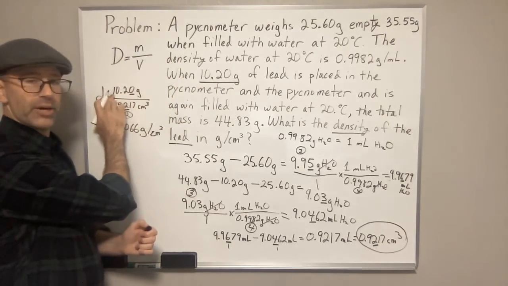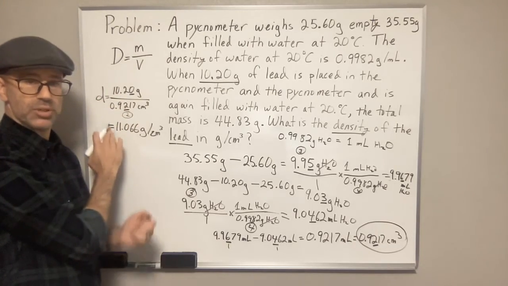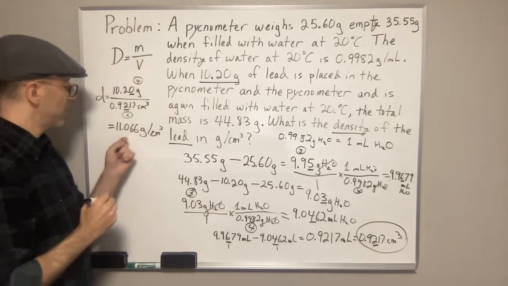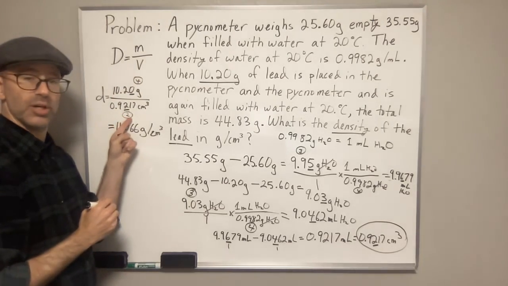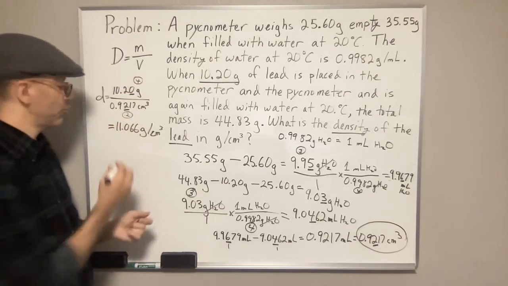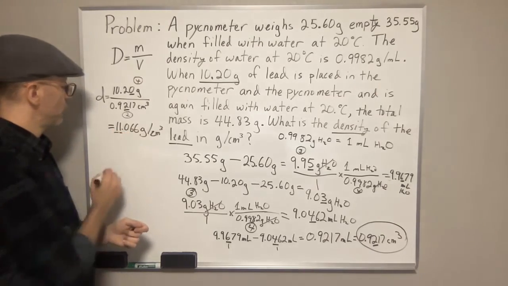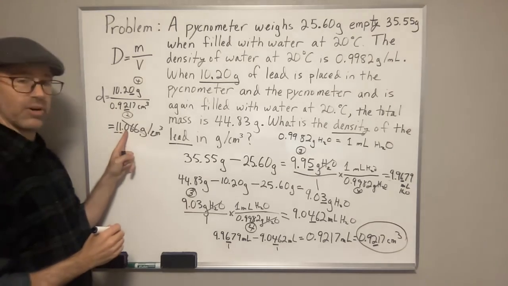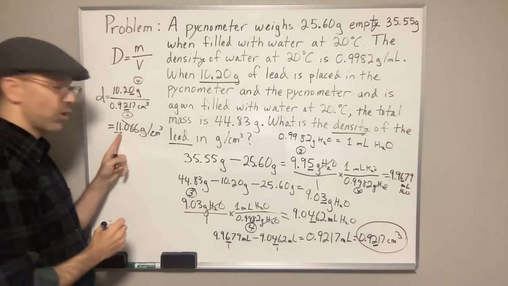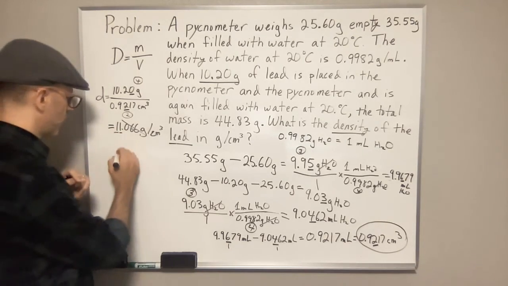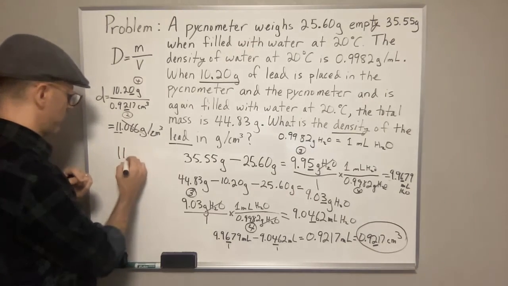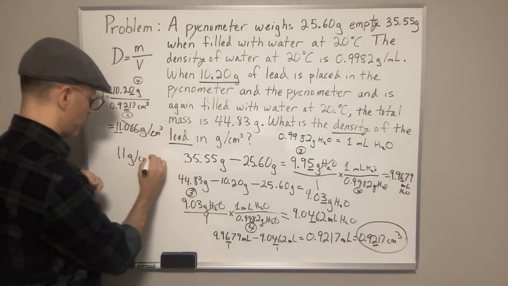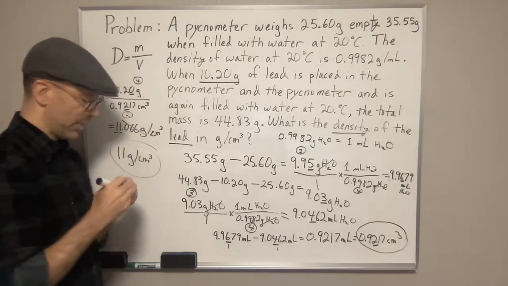The 0 here is between 2 non-zero numbers, so that's significant. So we have 4 significant figures here. The 2 is the least number, so we're only allowed 2. So 1, 1, and the rest gets cut off. We don't need to round the 1, so we're going to keep 11. So 11 grams per centimeter cubed is the answer.